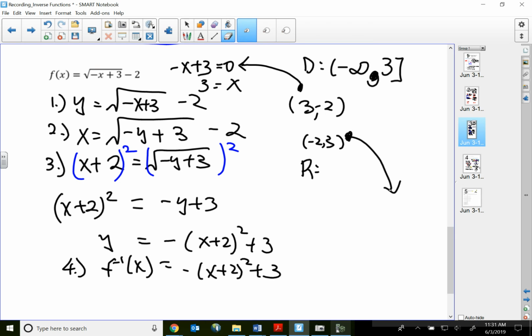Think about it, down and up. It has to be from -infinity to 3 for the range. So when I interchange the x and y coordinates, I also interchange the range and domain as well.